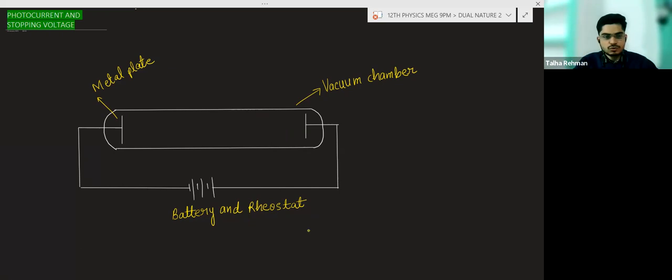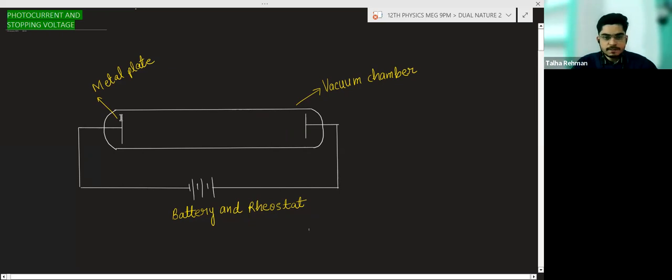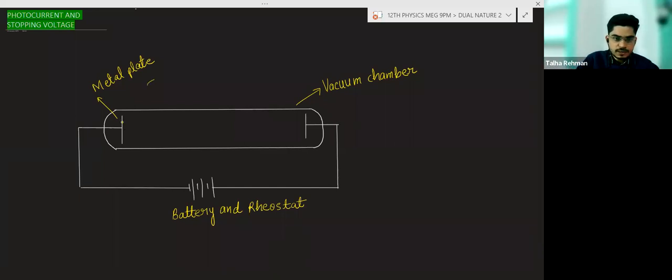Okay. So this is the metal plate. Suppose on this metal plate, radiations are incident. These are the radiations, photons.